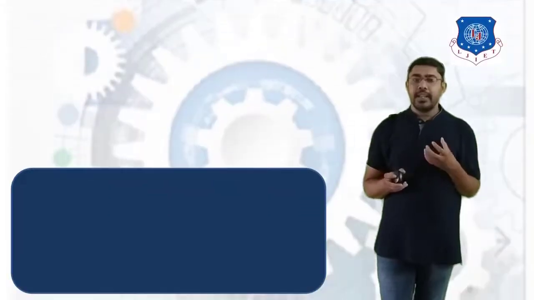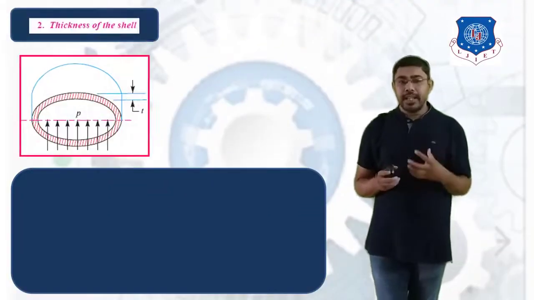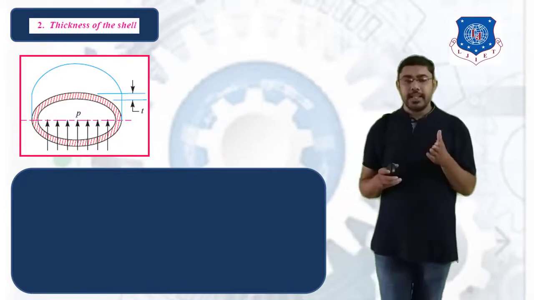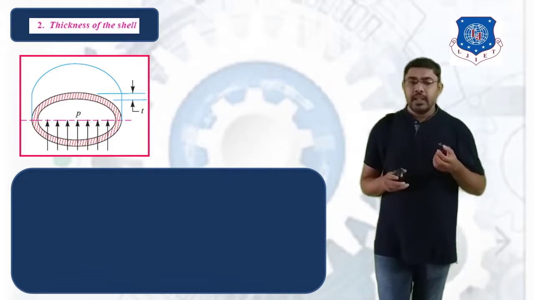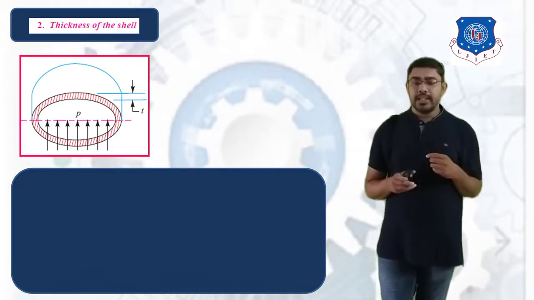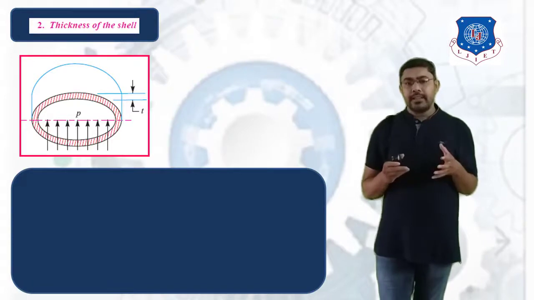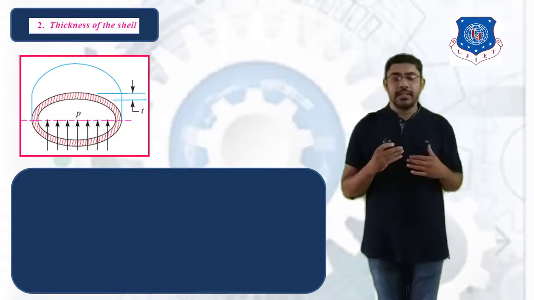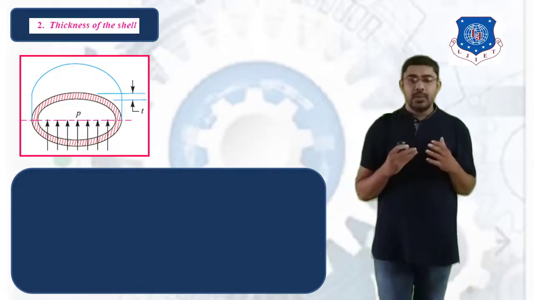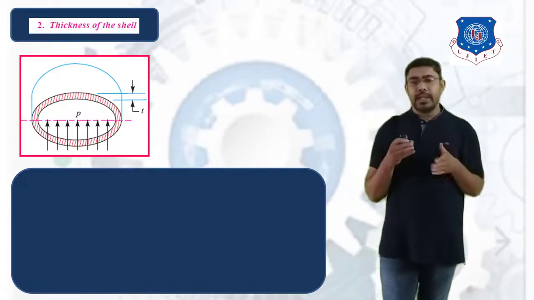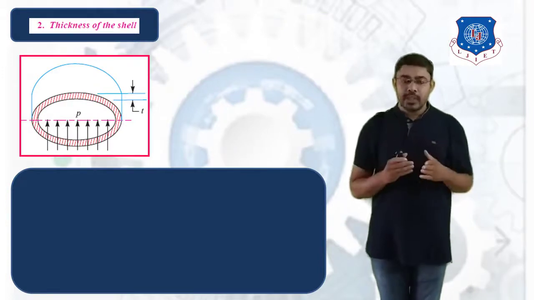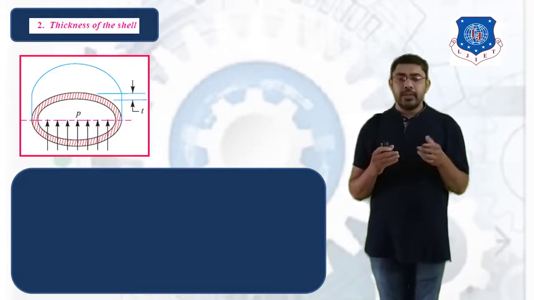Second, we have to calculate the thickness of the shell. As shown in the figure, the pressure intensity is P and the thickness of the sphere is t. To calculate the thickness, we use the force balance equation, balancing the forces acting on the spherical shell subjected to internal pressure.